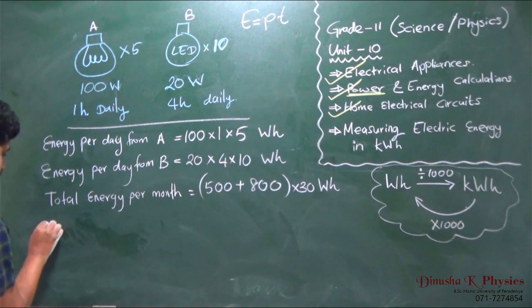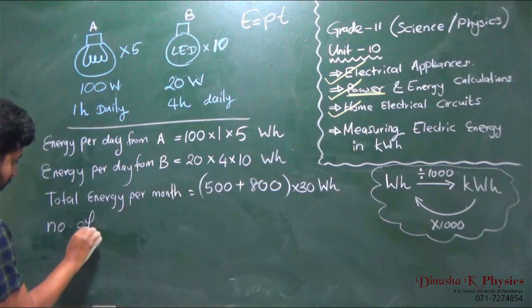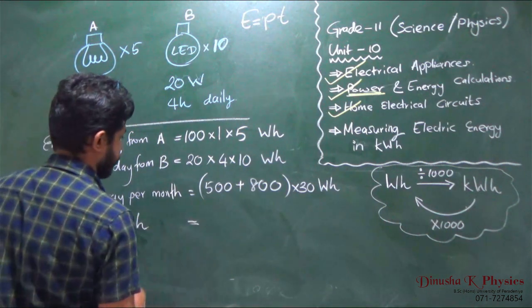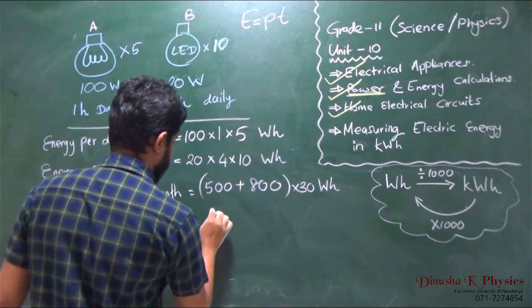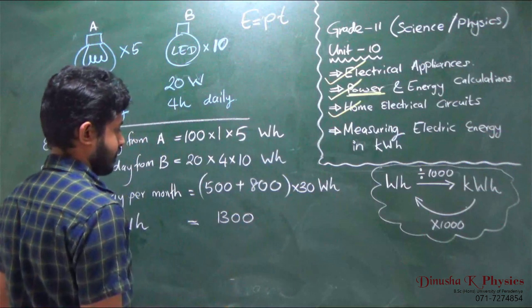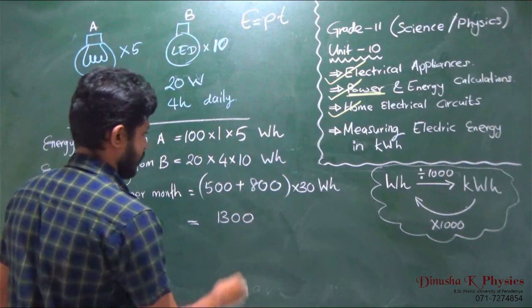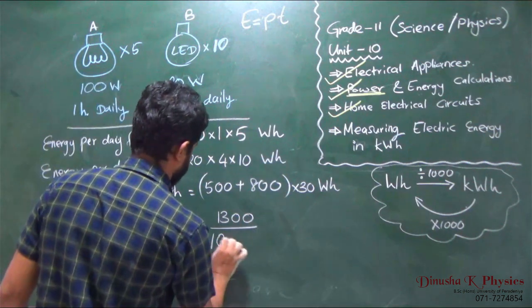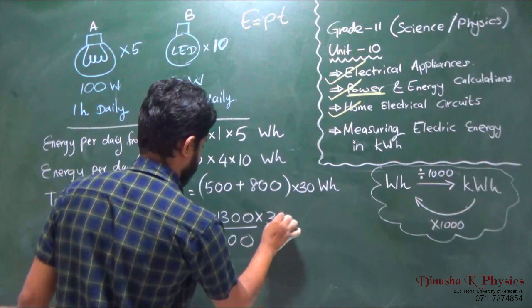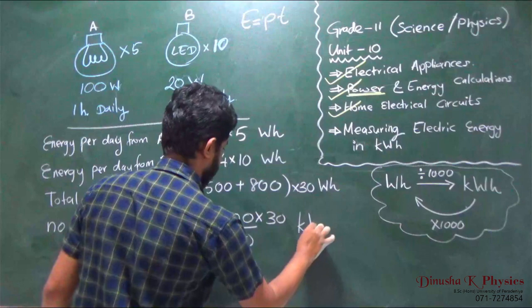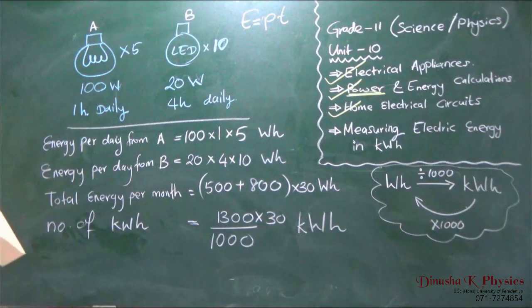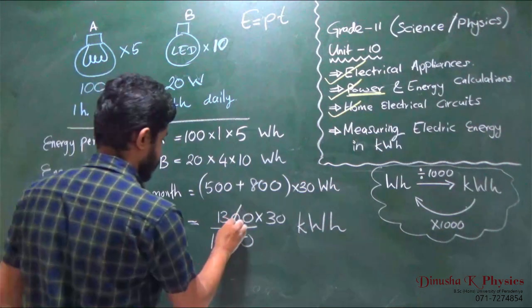So the number of kilowatt hours will be equal to, the sum will be 1300, right? And it must be divided by 1000 to take it in kilowatt hours, right?